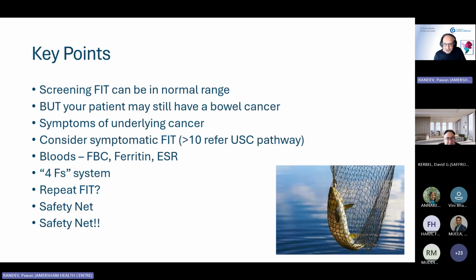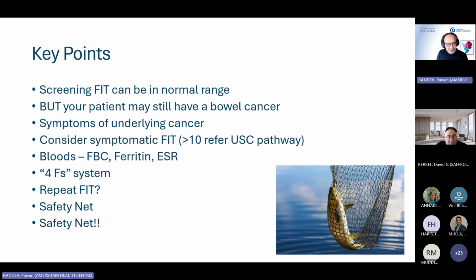But that leads on to safety netting. I'm not going to cover safety netting specifically today, but if people are interested, I've got a separate presentation on safety netting itself. And just on that note, this morning we had some news because some of you on the call on this webinar today may have been involved in an expression of interest that we put in nationally for a safety netting pilot project around FIT testing.